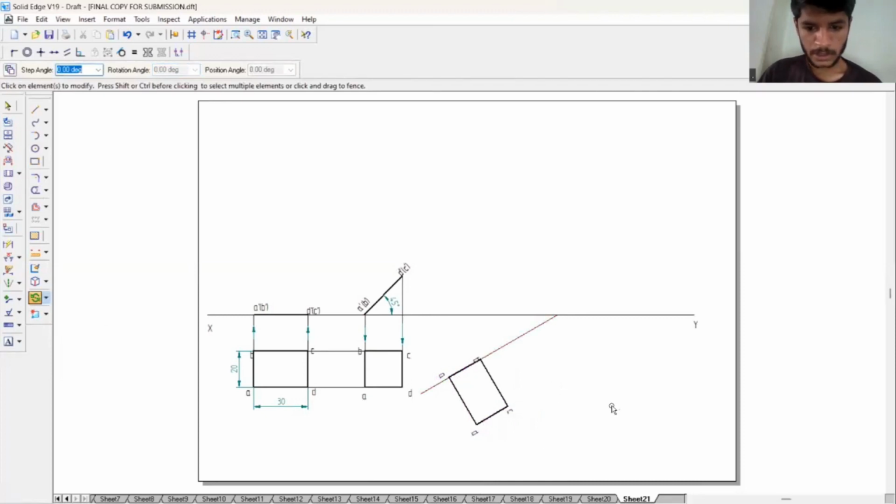Now let's extend the lines, which must be thin lines of 0.13 mm.